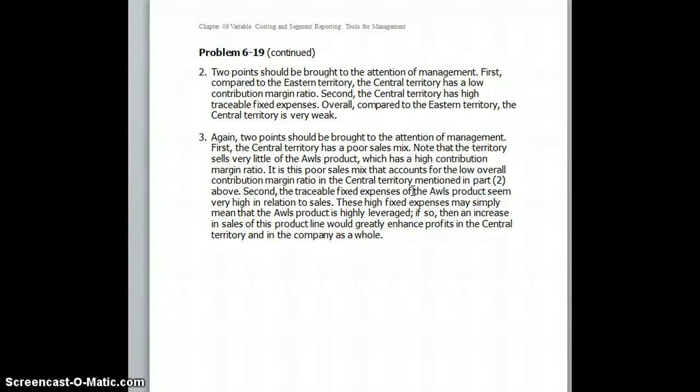Part 3 asks us to look at the statement you've prepared for the Central Territory, segmented by product lines, and asks us to highlight some information that we can identify, then bring it to management's attention. Again, 2 points that should be brought to the attention of management. Number 1, Central Territory has a poor sales mix.